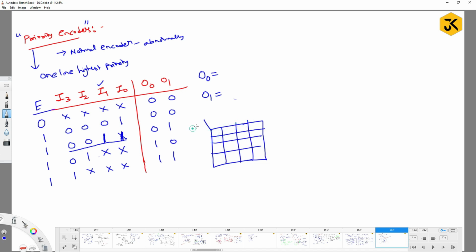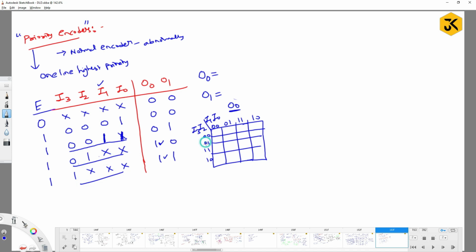I take I3, I2 as rows and I1, I0 as columns with 00, 01, 11, 10. I write it for O0. Where might the values for O0 be? These are the 2 cases we got: 0, 1, XX.